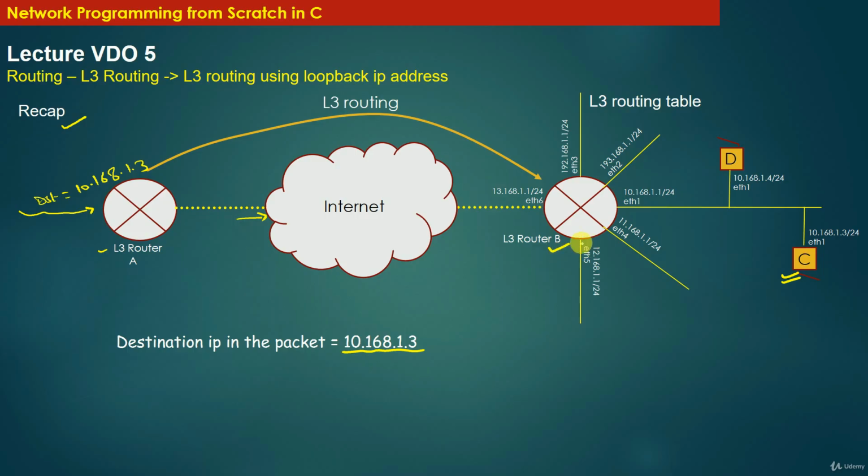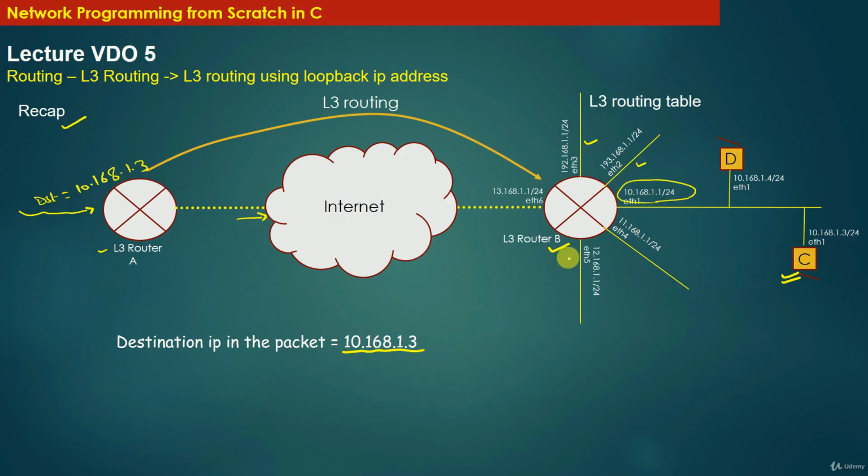Now you can see that router B has 6 local interfaces, and therefore router B has 6 local subnets. This is one local subnet, this is another local subnet. It so happens that the destination IP address specified in the packet falls in the subnet 10.168.1.0/24.